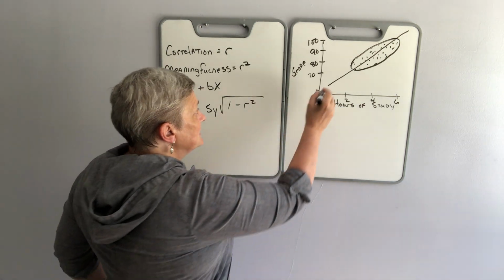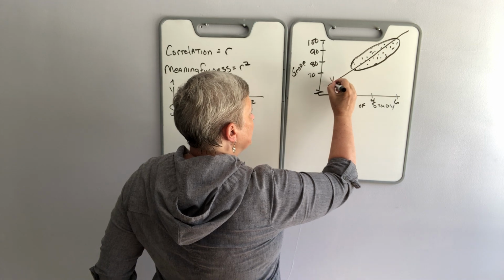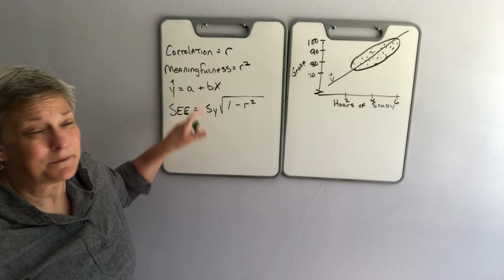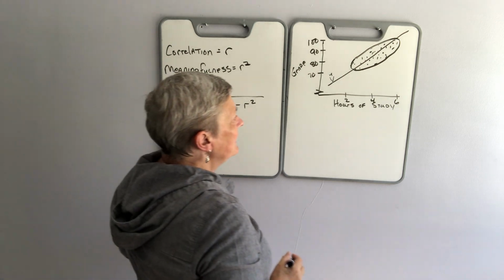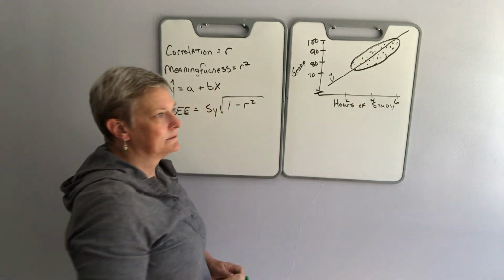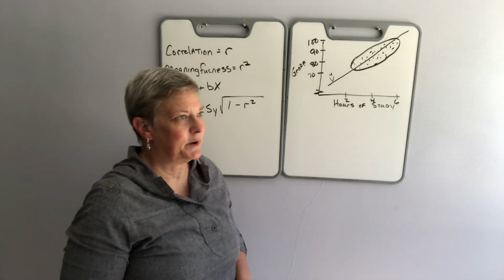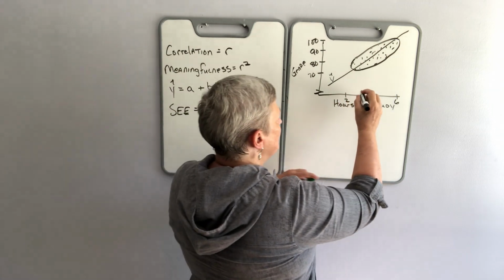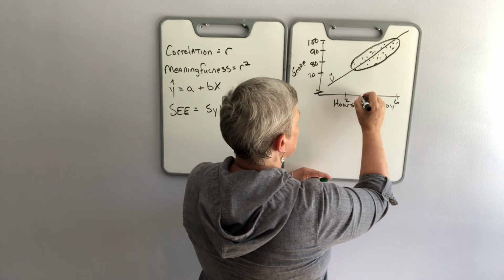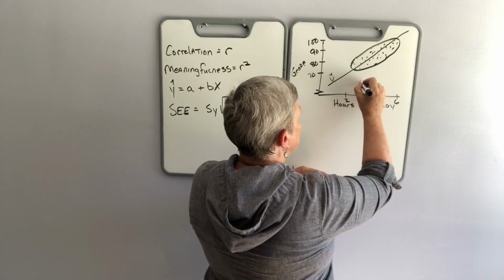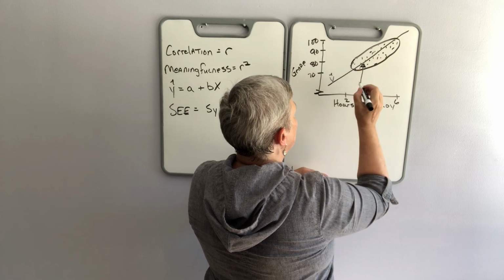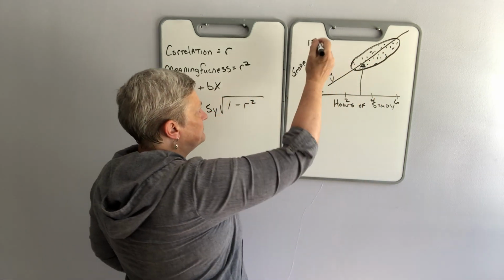So if this is our y predicted line, my least square regression line, let's pick somebody. Maria, let's say Maria studies for 3 hours, and I'm going to predict Maria's score. That's going to be somewhere around 78.